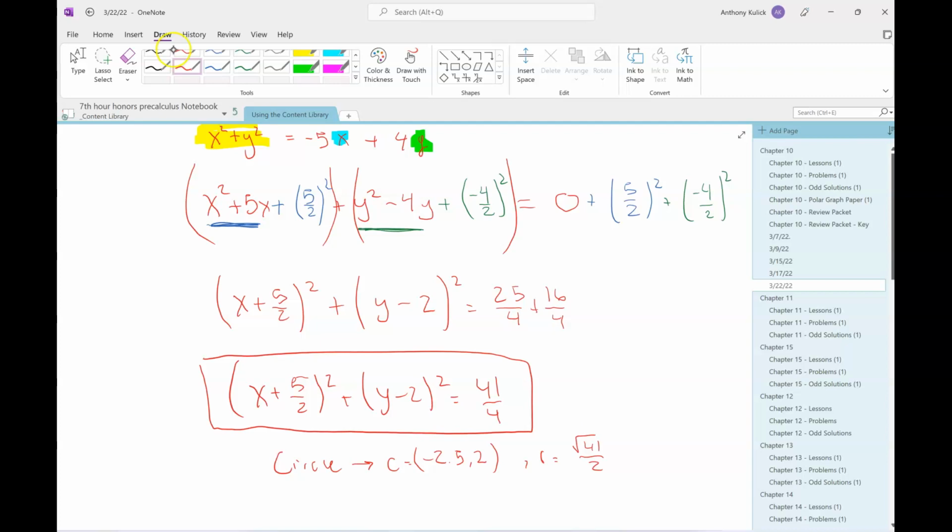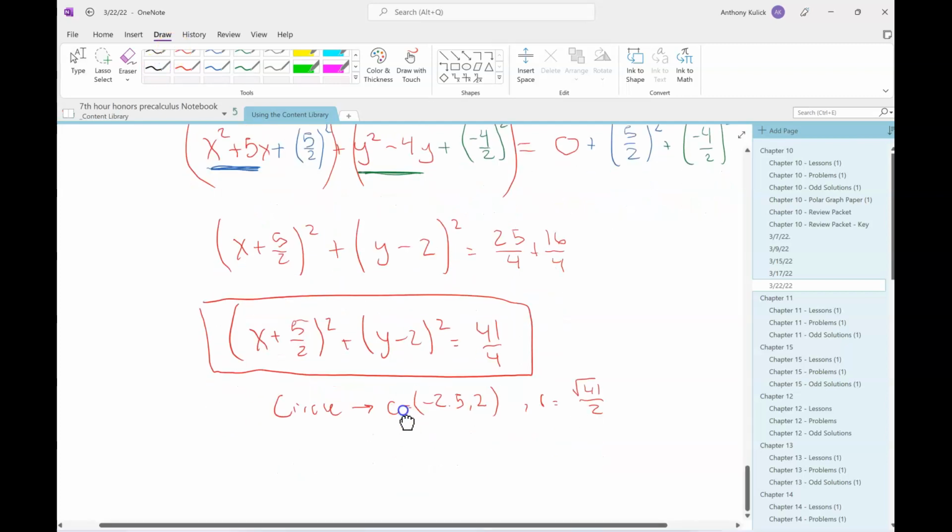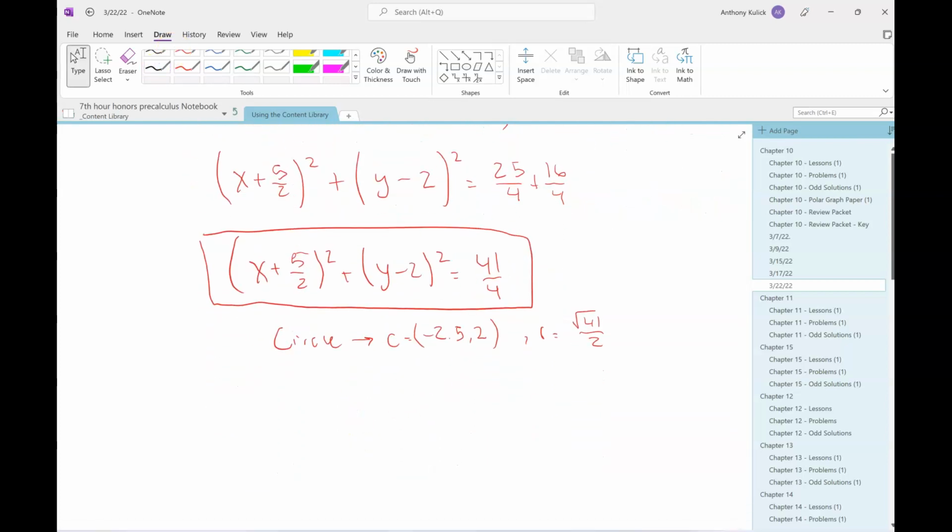Okay. What if we want to do the reverse direction? What if we want to take a Cartesian equation, a rectangular function, and convert it to polar?